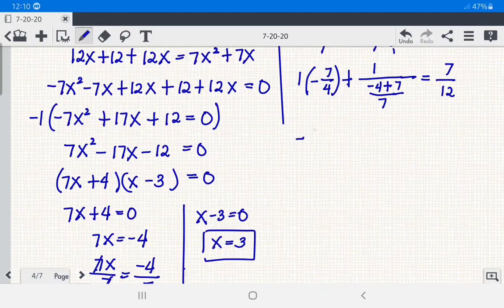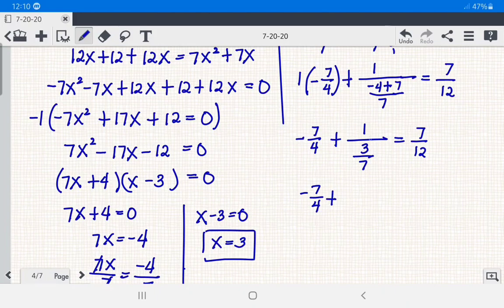Then we have negative 7 over 4 plus 1 over negative 4 plus 7, we have 3 over 7, then equals to 7 over 12. Then we have negative 7 over 4 plus the numerator 1 times the reciprocal of 3 over 7, which is 7 over 3, then equals to 7 over 12.